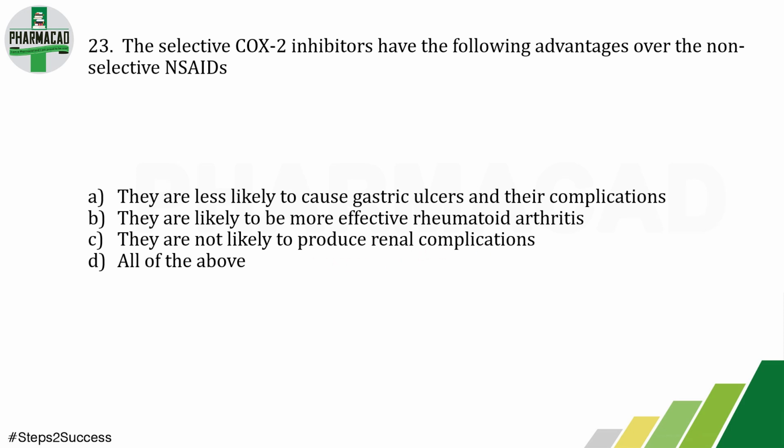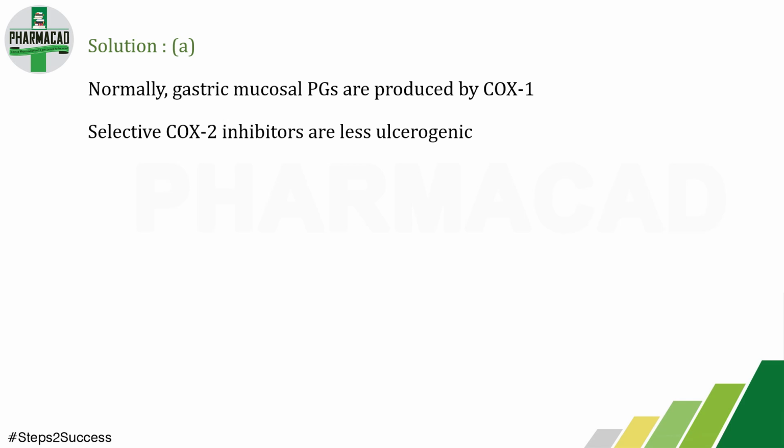Let's look at the solution for this. Normally gastric mucosal prostaglandins are produced by COX-1, and selective COX-2 inhibitors are less ulcerogenic. Hence, they are less likely to cause gastric ulcers and their complications. Hence, the correct option is A.